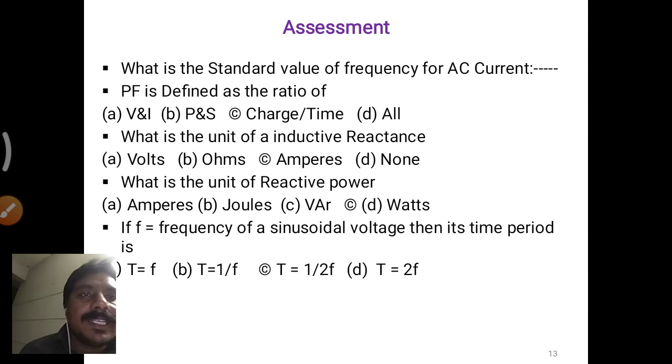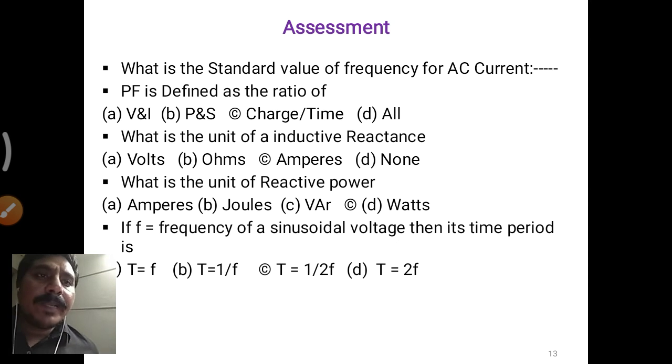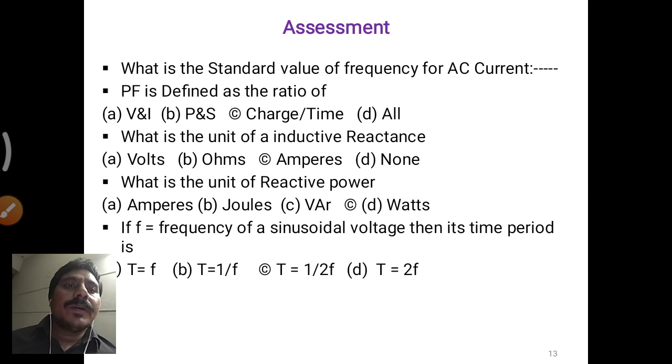Now coming to the assessment, before the assessment part, I want to highlight the points discussed in this class. In this class, we discussed active power. Active power is the power which is converted into useful work. Reactive power is the power which produces the required flux in the circuit.